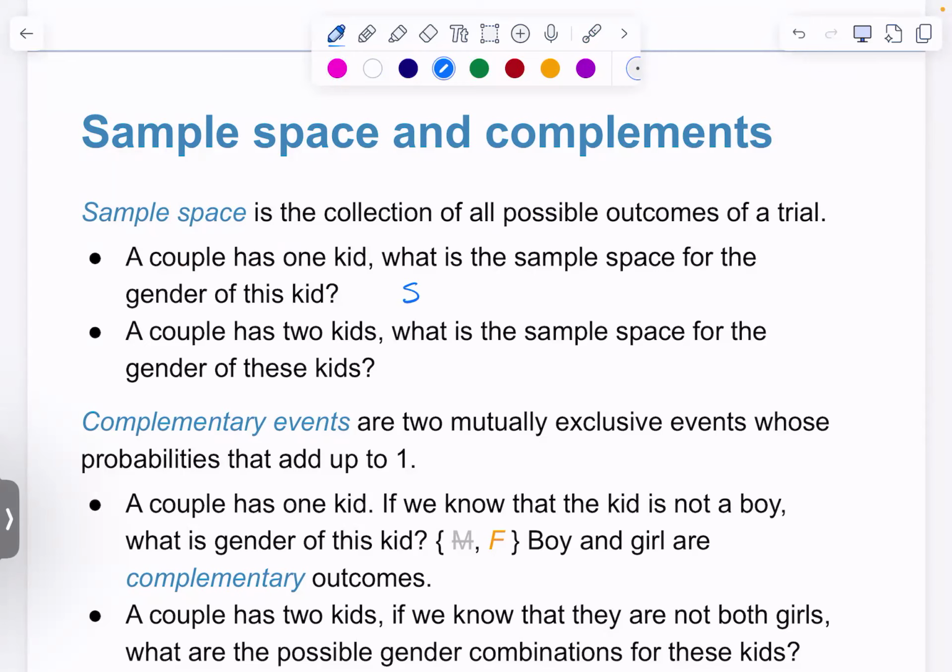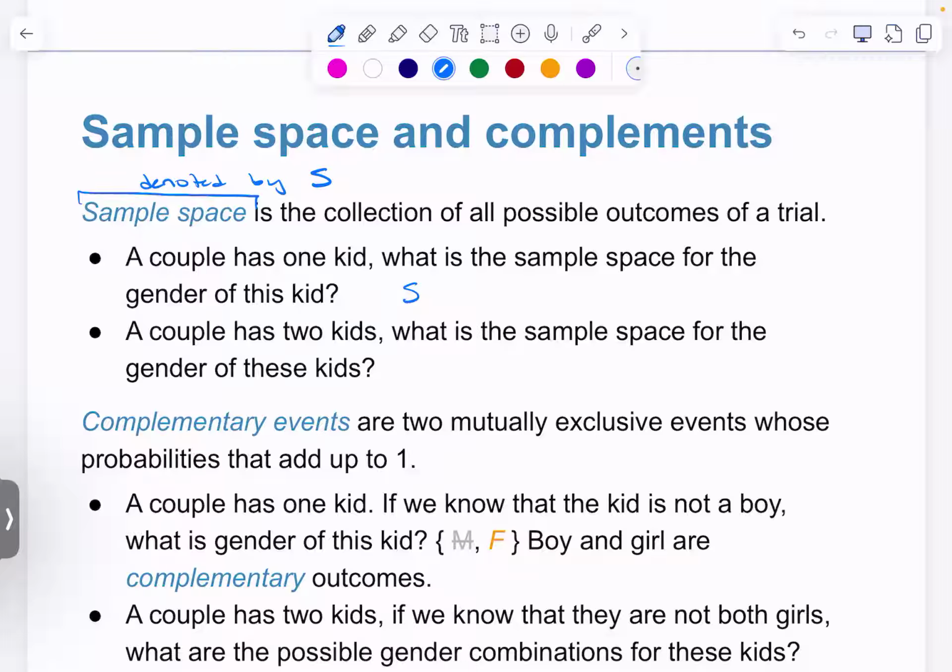We're going to use capital S to denote the sample space. I'll write that here: denoted by a capital S. You have it on your formula sheet too.